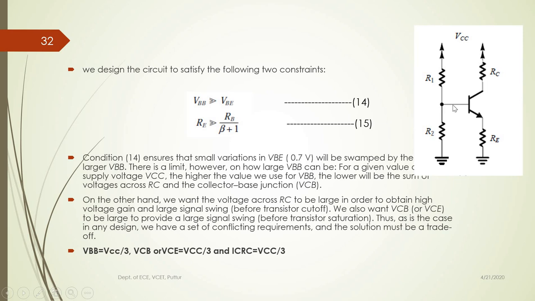The voltage across R1 is equal to the voltage across RC plus the collector to base voltage, VRC plus VCB. So if VBB is greater, this will be less. If this is less, the voltage across RC is less and the collector to base voltage is also less.